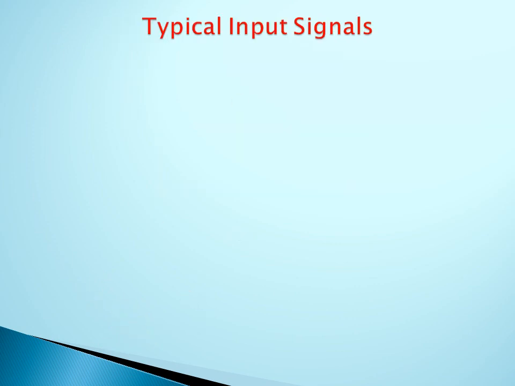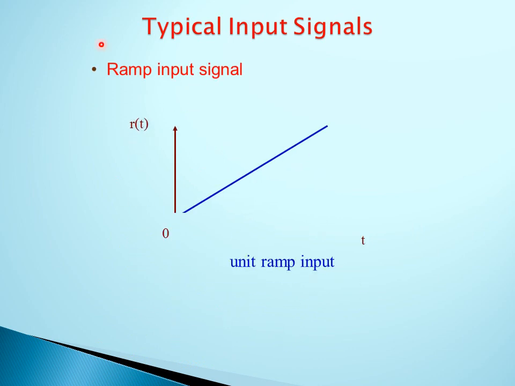And the next one is the ramp signal. A ramp signal is one whose value increases linearly with time from the initial value of 0 at t equal to 0. When t is equal to 0, it increases the value linearly with time.